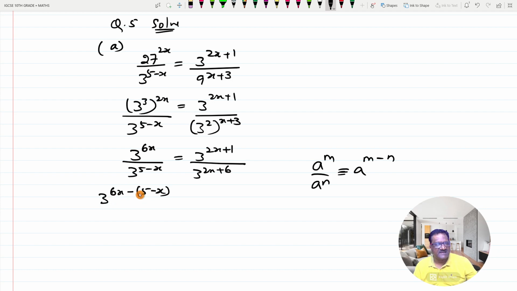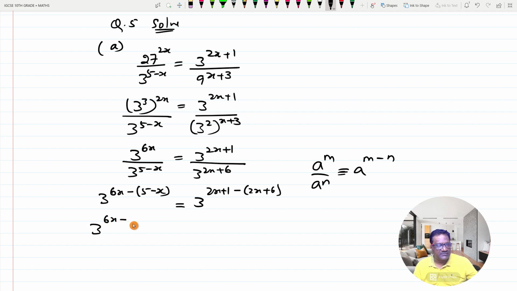Now see, remember here, you have to make use of brackets so that you're not making any mistakes. Here on the right hand side, it will be 3 raised to 2x plus 1 minus 2x plus 6. Now see, I'm writing this 2x plus 6 in bracket because there's a minus over here. Okay, so you have to be very careful here. Now this will work out to 3 raised to 6x minus, now I'm opening the bracket.